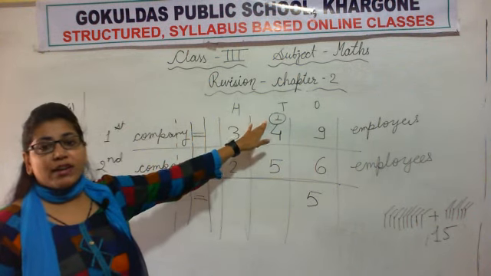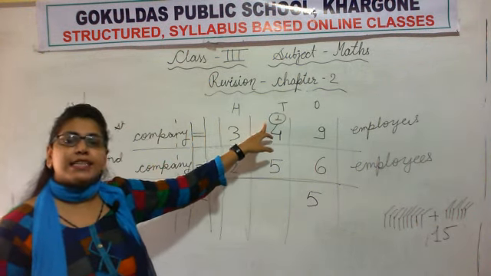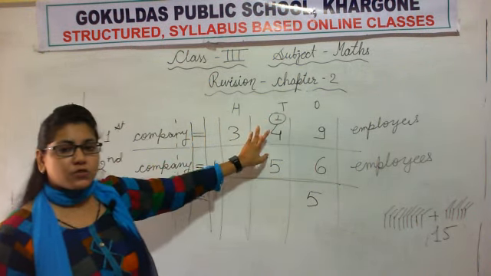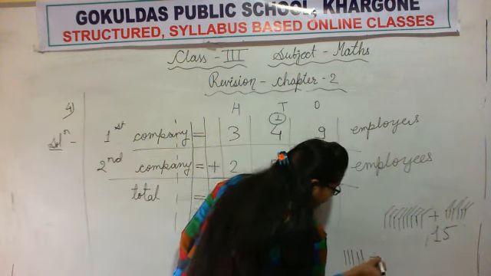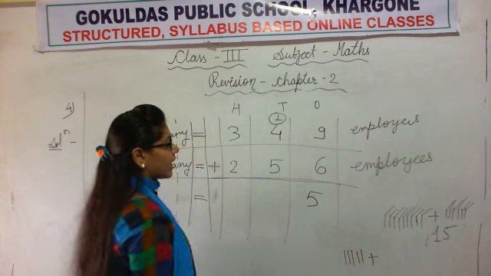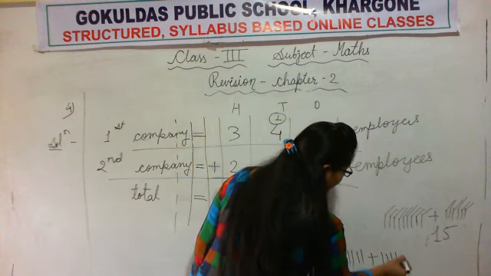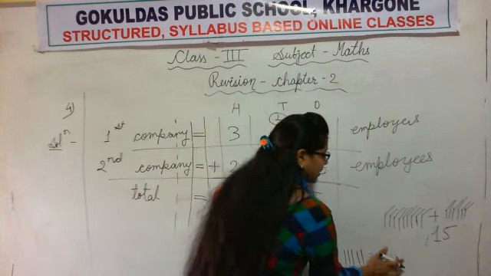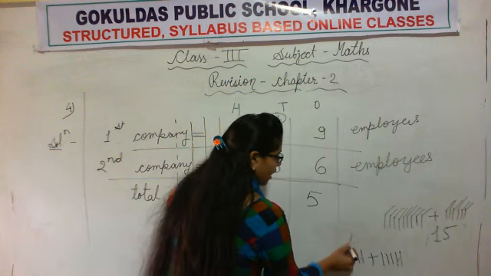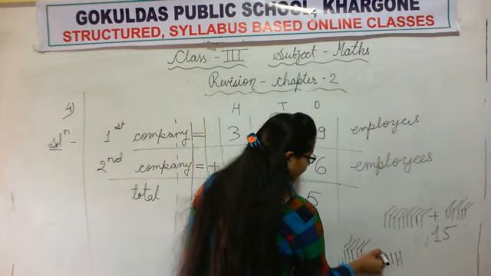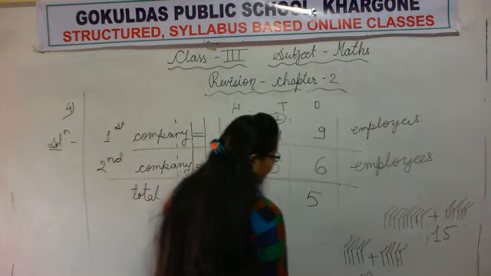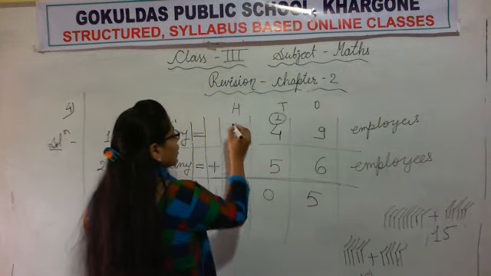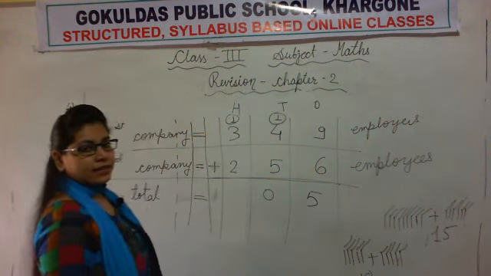Whenever 1 is added to any number, it gives its successor. So 1 plus 4 is 5. So let's draw 5 sticks. Now the next number is again 5, so we will draw 5 sticks again. Let's count how many sticks. 1, 2, 3, 4, 5, 6, 7, 8, 9, 10. We got a 2 digit answer, so again we will do regrouping.